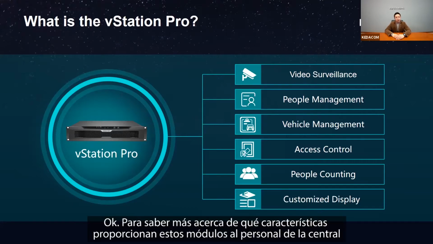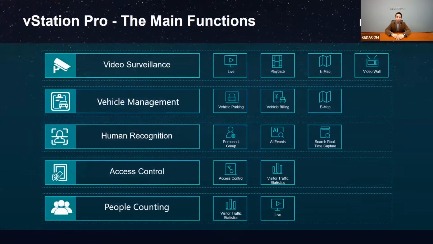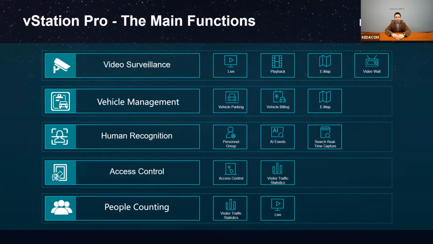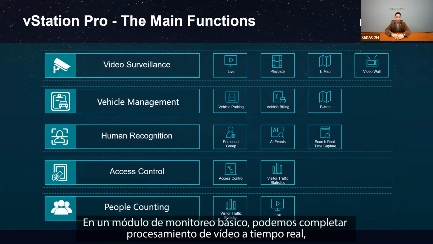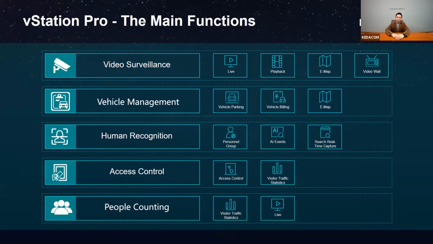Okay, so in order to know further about what features these modules will bring to central staff, now let's take a look at each module to see more of the key content it has. In the basic monitoring module, we can complete real-time video browsing, video playback, EMAP, and integration into the video wall.